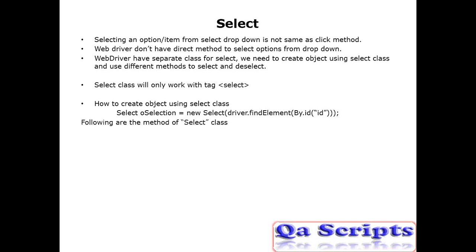After creating the object, we will have access to use all the methods from Select. Let us see what are the different methods we have. We have one important method called selectByIndex. Second method is selectByValue. Third method is selectByVisibleText. These are the three methods.